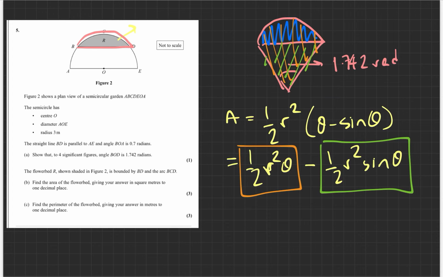So if you take the whole area and subtract the area of the triangle, what you will be left with is this blue region R that you are trying to find. So basically, this is the area of the sector, and this one is the area of the triangle.